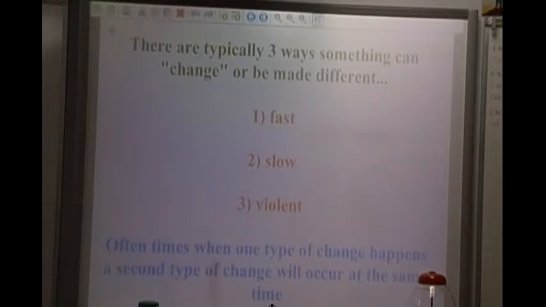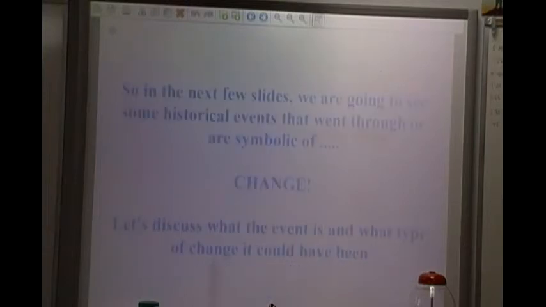Ready? Typically when there's one type of change, a second type of change happens with it. So let's look at the whiteboard over here. Here's my piece of paper that you have in your spiral. Write event on the far left.